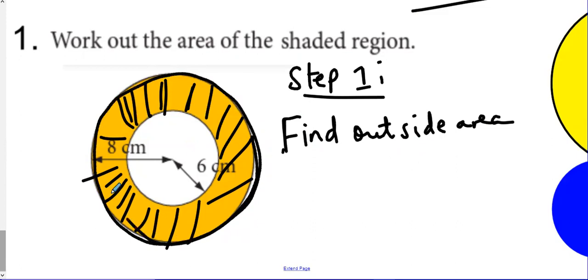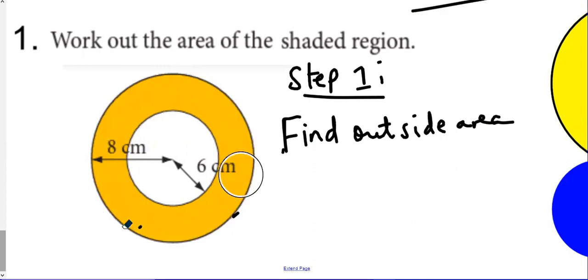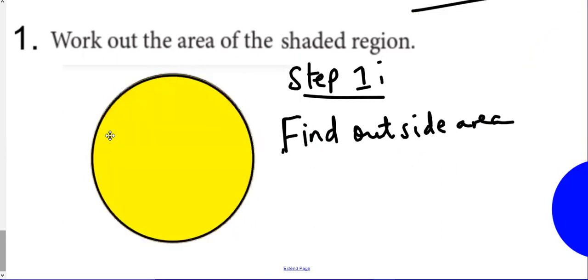What is the area of this shape outside? Now, in order to see clearly what that outside shape is, let me try to shade it. You see, this is the outside shape I'm talking about. Now, can you tell me the name of this shape? Okay, I hope you say it's a circle.